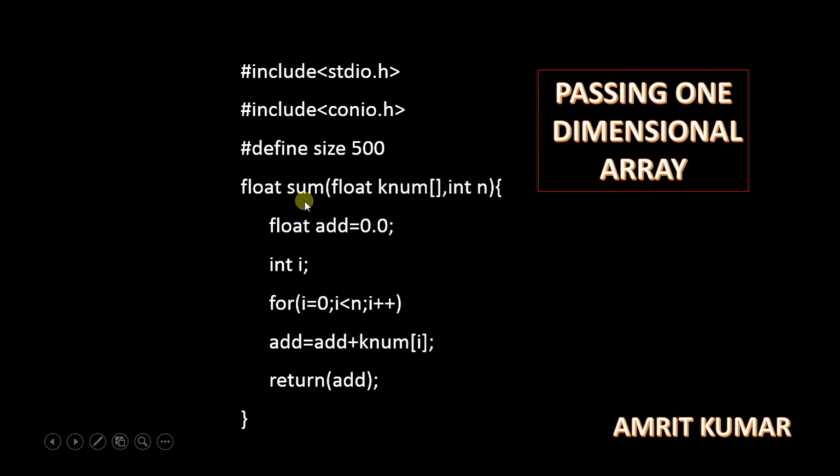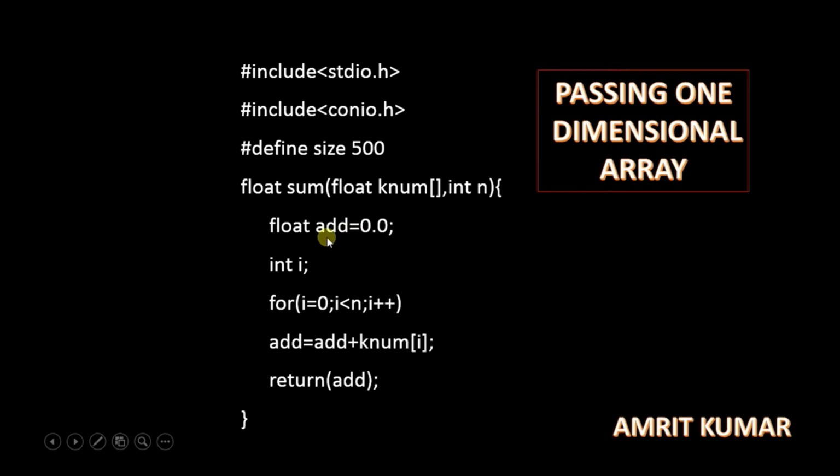So I am using a function whose name is sum, which takes a float array knum and an integer variable n. This whole function returns a float data type. It means whatever the output of the function is, it is going to return a float value only. After this I open the function.